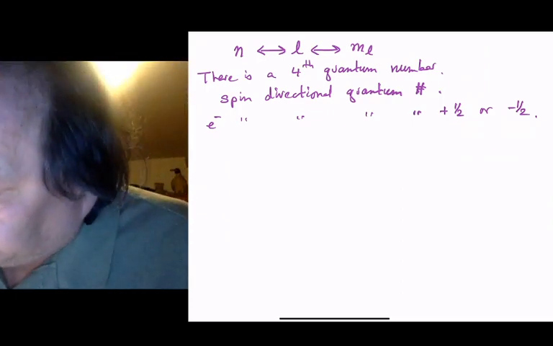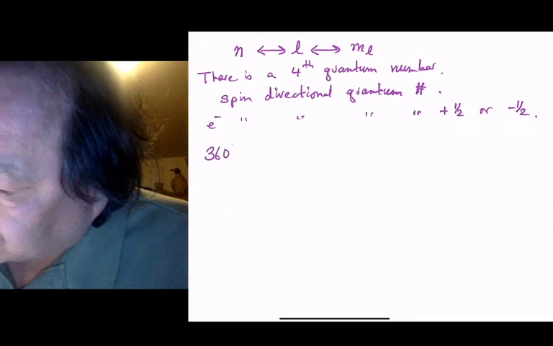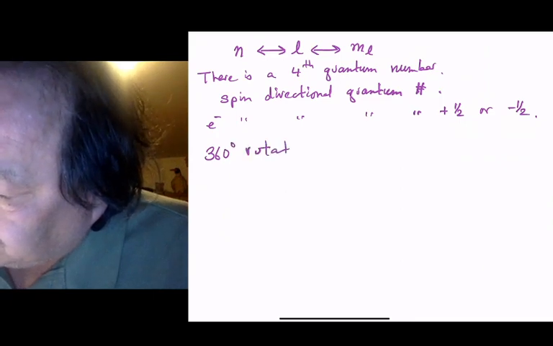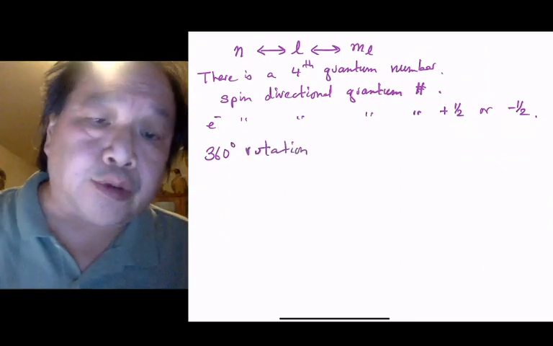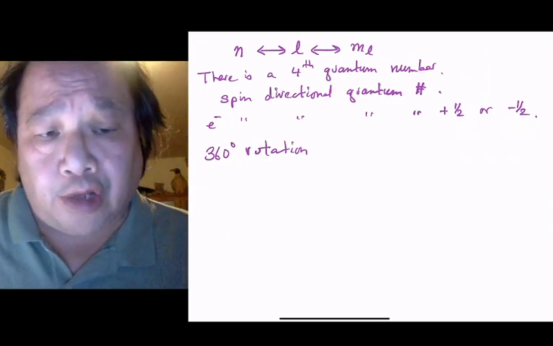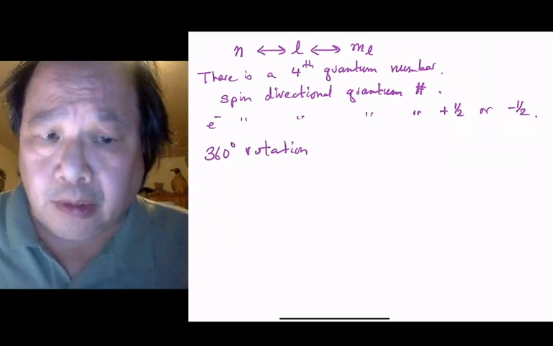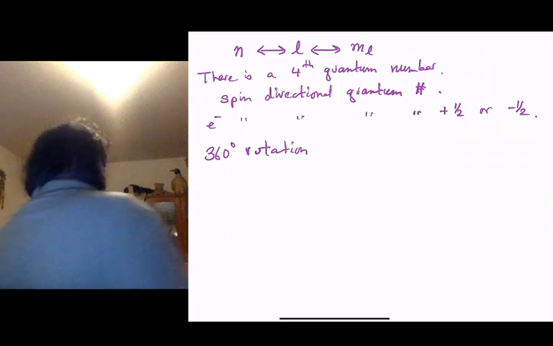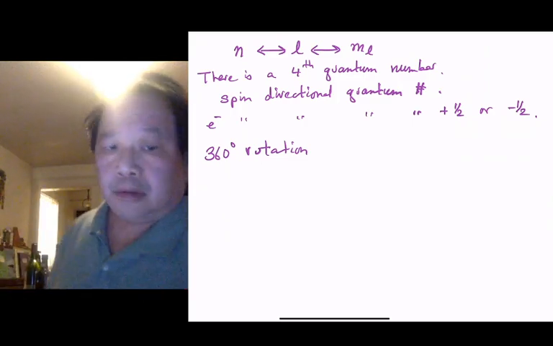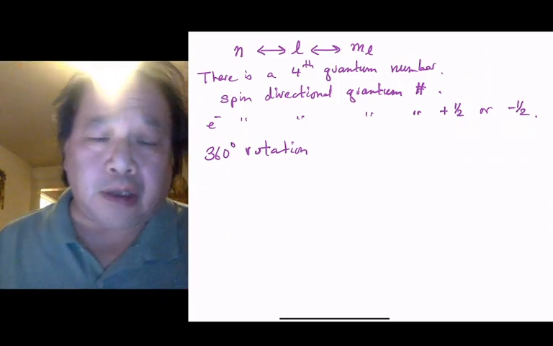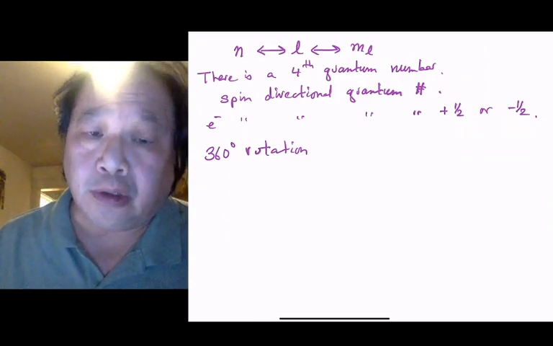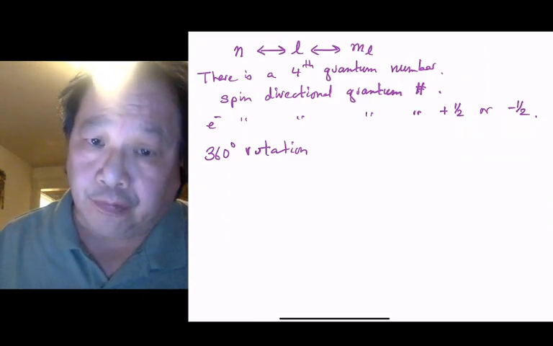If you do a 360-degree rotation, do you come back to yourself or not? Well, I'll do it right now for you. There's 360. And the normal logic is you come back to yourself.